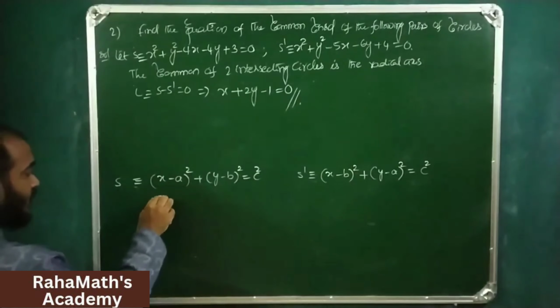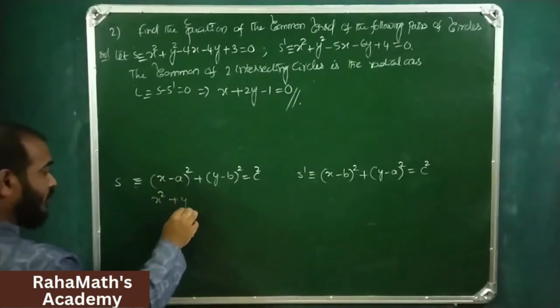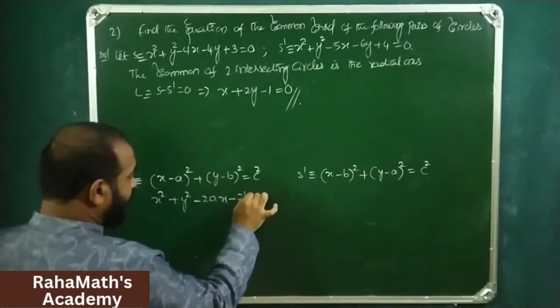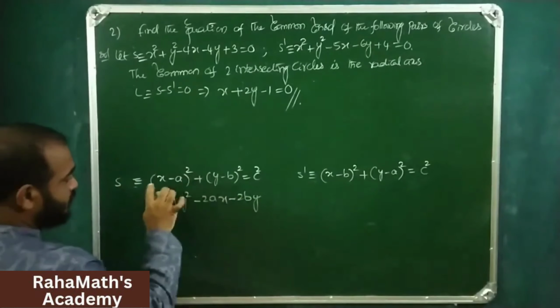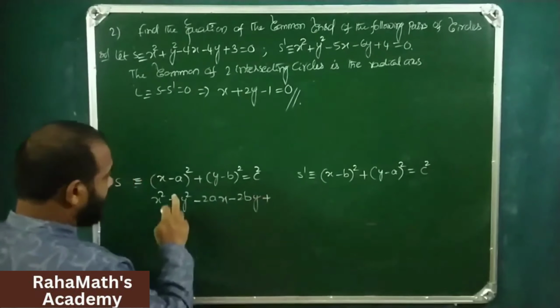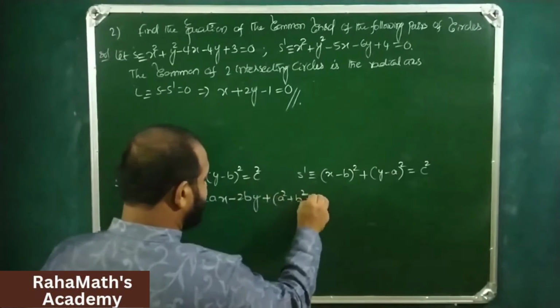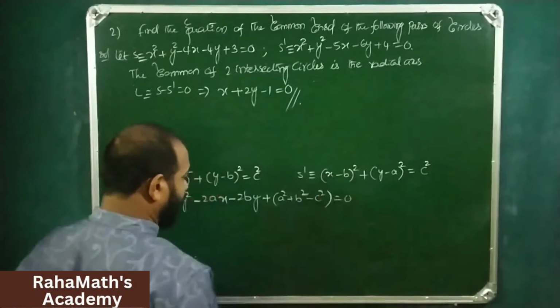S is equals to x square plus y square minus 2ax minus 2by plus a square plus b square minus c square equals to 0.